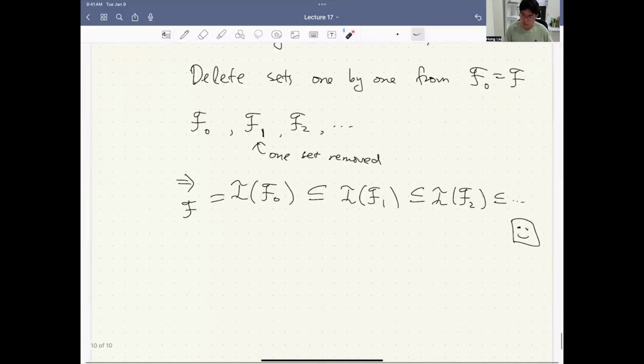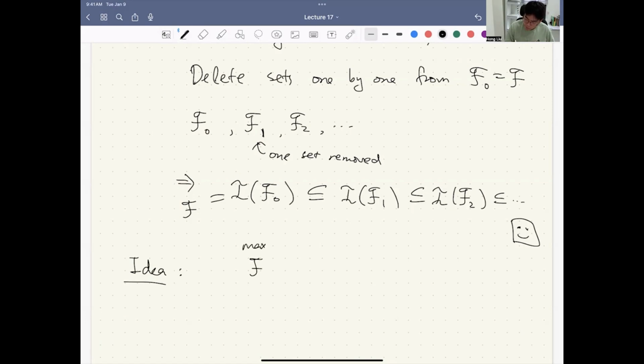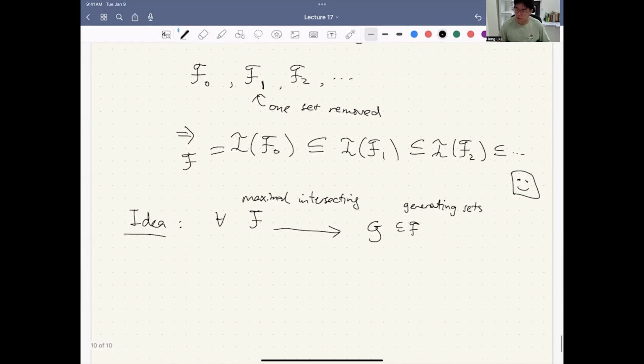So the idea to prove the counting result is, for every maximal intersecting family, we're going to map it to a generating set of small size, injectively.